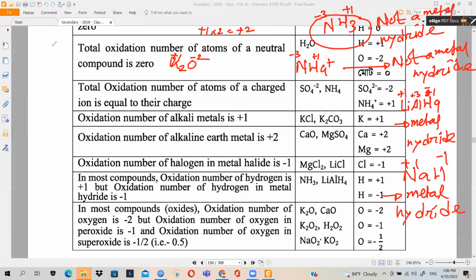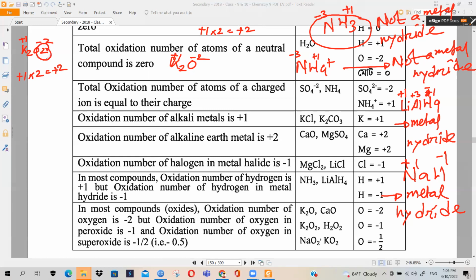And in case of K2O2, again, potassium is plus 1. So plus 1 multiplied by 2 equals plus 2. Now oxygen is minus 2. But how many oxygens are there? 2.